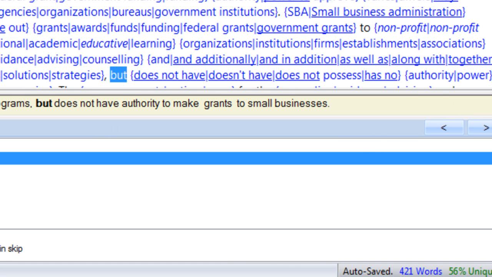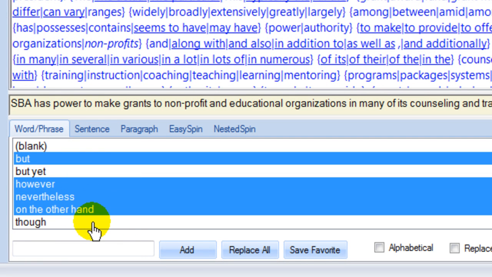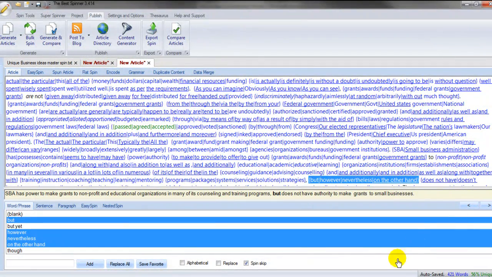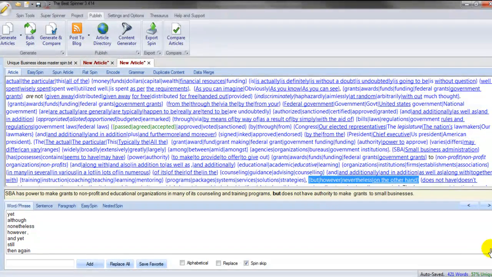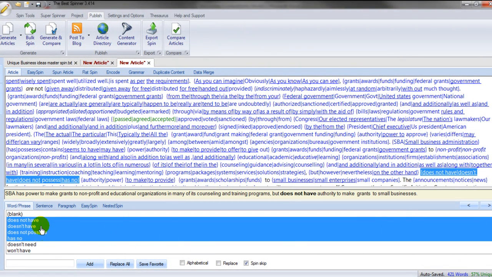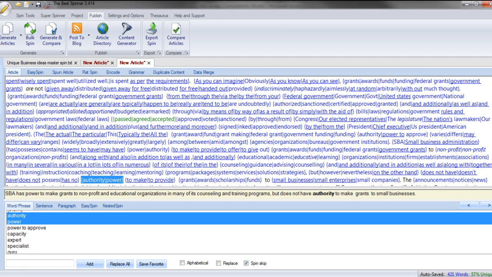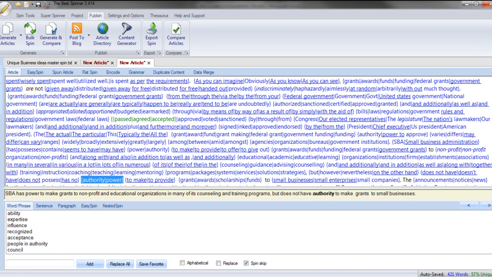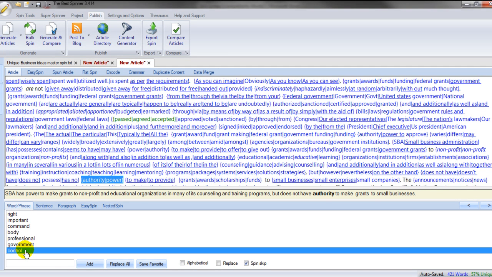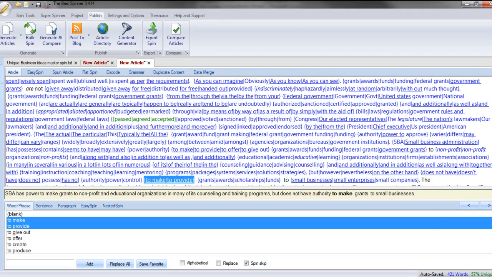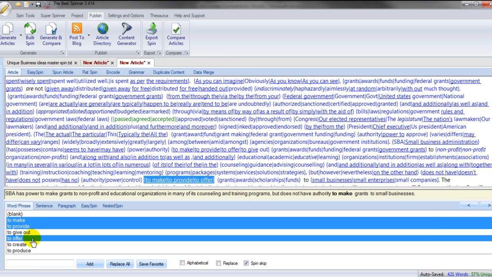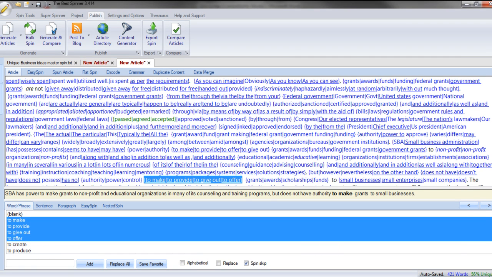But, however, nevertheless, on the other hand, does not have, doesn't have, does not possess, has no authority, power, authority, power of authority, authority, let's see, or maybe control to make, to give out, to offer, to give out grants.